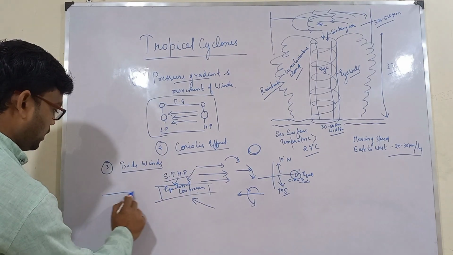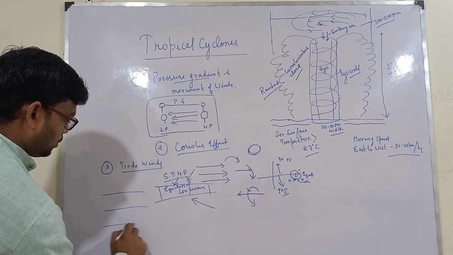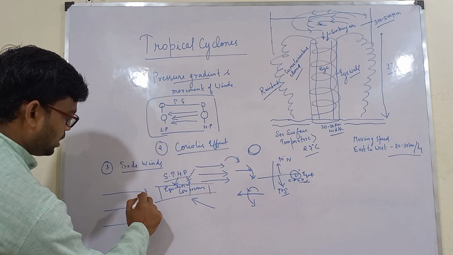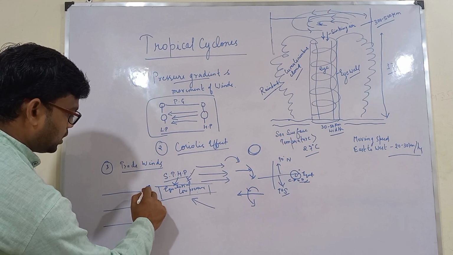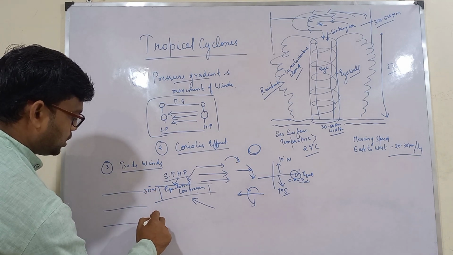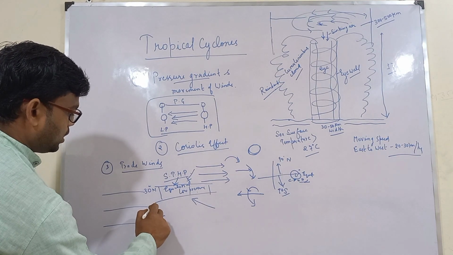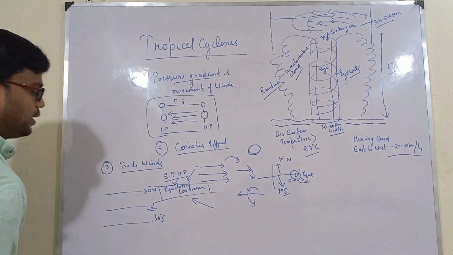Now if I draw these three lines, this will be say 30 degree north, 30 degree south and 0 degree, this 0 degree equator.